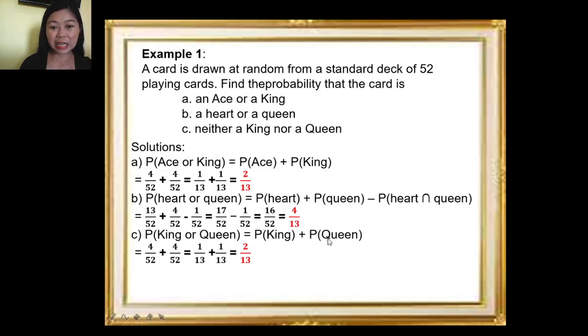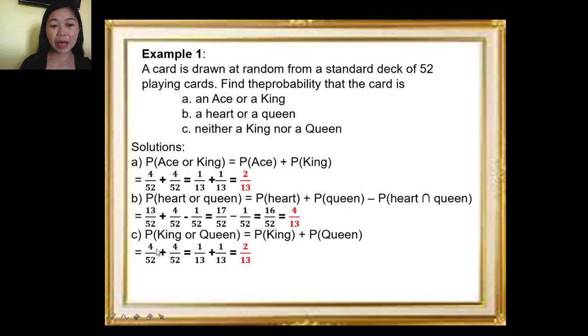Wala silang intersection, kasi yung queen ay different cards at saka yung king. So, we are going to use the probability of king, which is there are 4 king. So, we have 4 over 52 as the probability of king. Plus the probability of queen. So, meron tayong 4 na queen. So, we have probability of queen is 4 over 52 also.